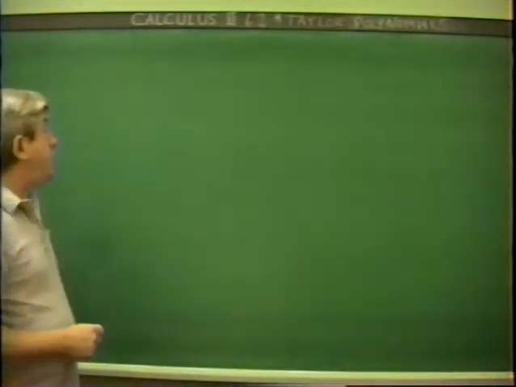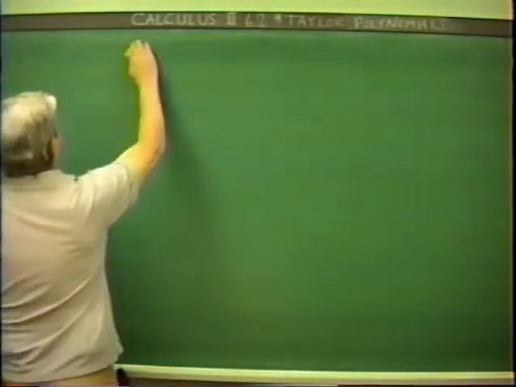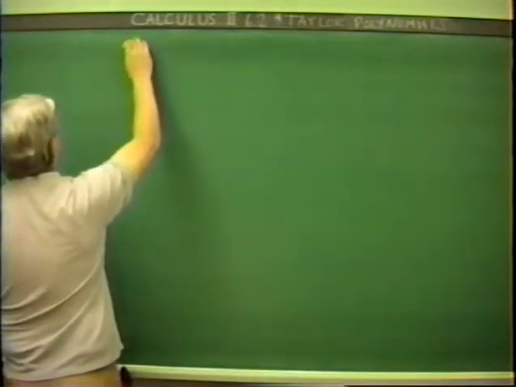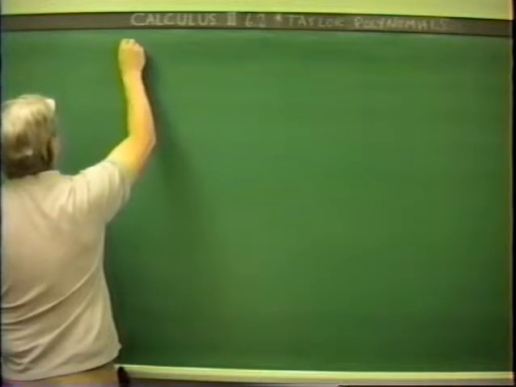Now I want to look at three relatively simple Taylor polynomials right now, namely those for e to the x, sine x, and cosine x. And we're going to expand these about 0 so that these are really Maclaurin series that we're going to be looking at.